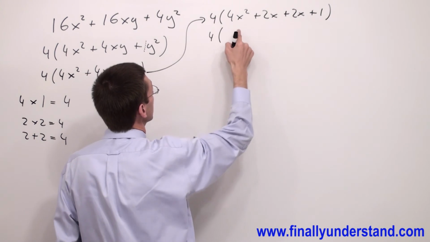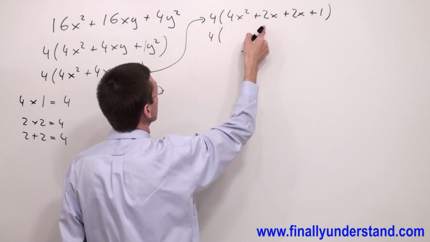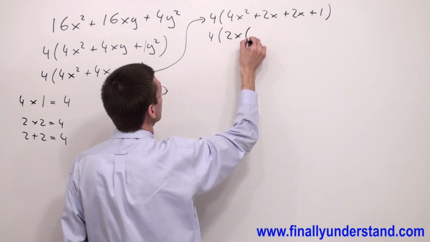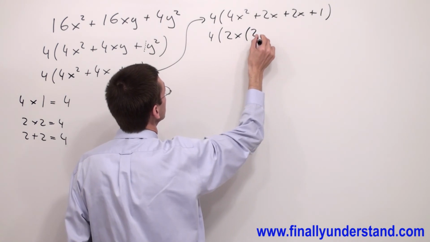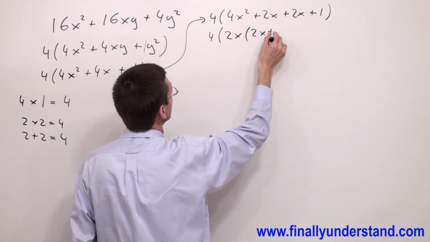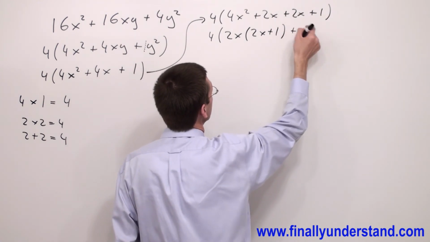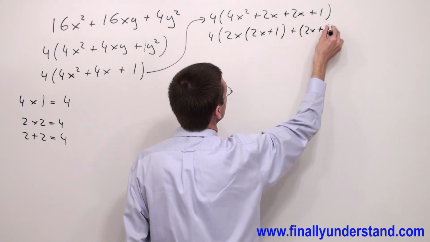Let's check what we can factorize. The greatest common factor for 4x squared and 2x is 2x. And inside of the parentheses, I'm going to have 2x plus 1, plus whatever is left, I'm going to write inside of the parentheses 2x plus 1.